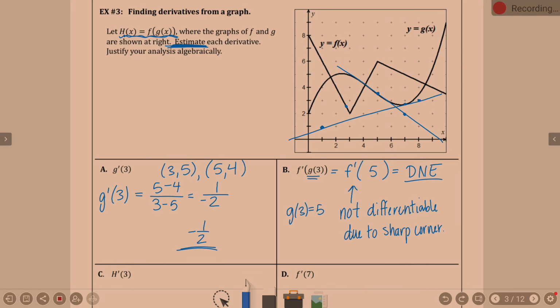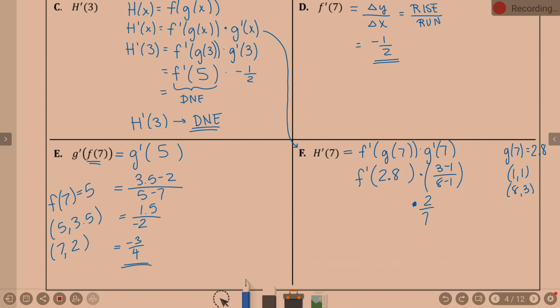That's on that negative sloped line, isn't it? So what's the slope here? Rise 2, run negative 1. So that slope is negative 2. Negative 2 times 2/7, negative 4/7.